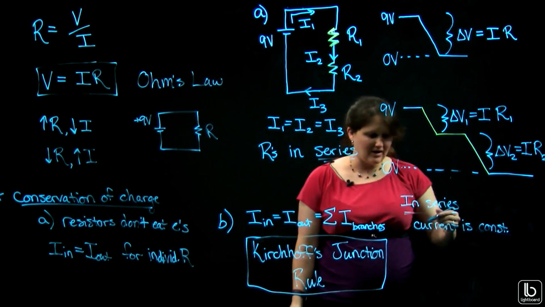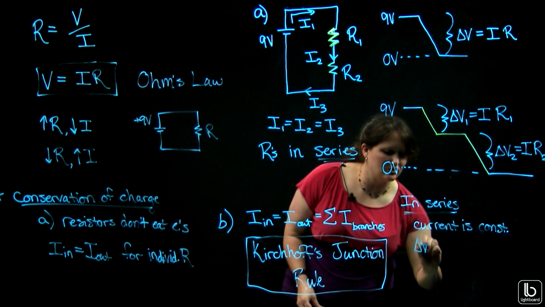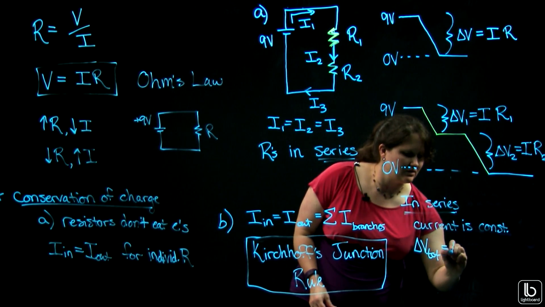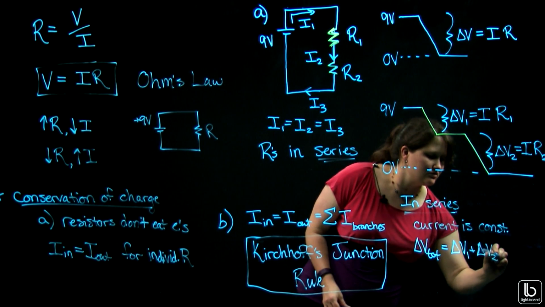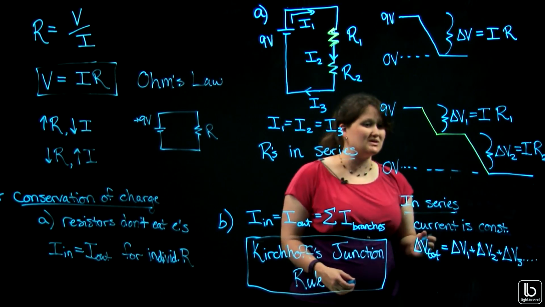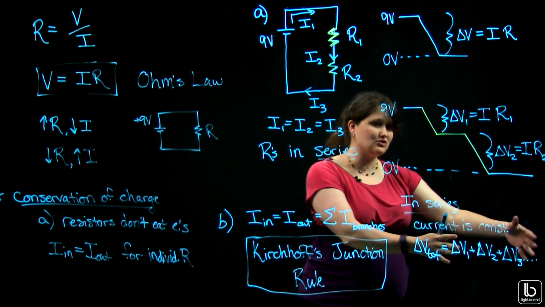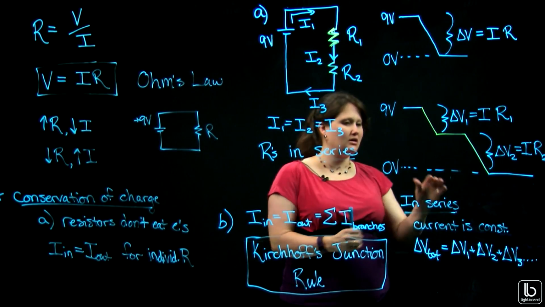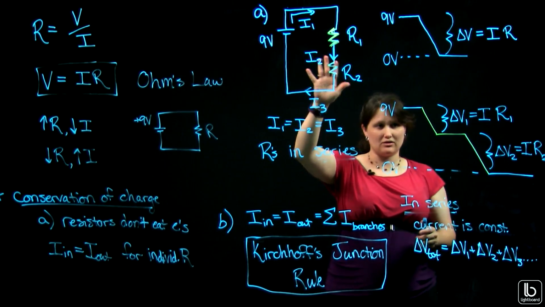So I can say that my total voltage is equal to delta V1 plus delta V2 plus however many voltages, however many resistors we have, all of those individual voltage drops are going to add up to my total voltage. And again, current is constant when we're dealing with a series circuit.